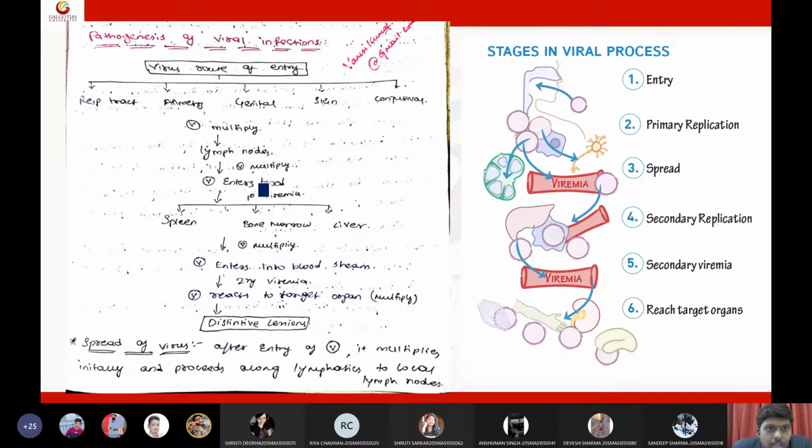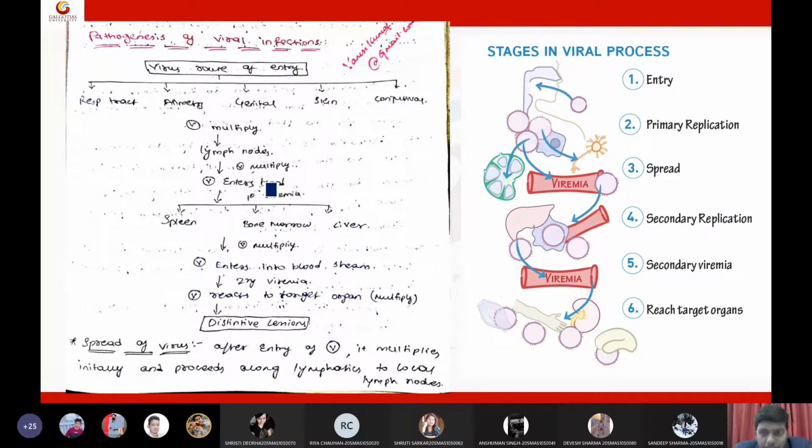This is called primary viremia. In primary viremia, the virus gains access into the blood circulation for the first time. During this primary viremia, we will experience all flu-like symptoms: nausea, lack of appetite, sneezing, runny nose, headache, body pains.